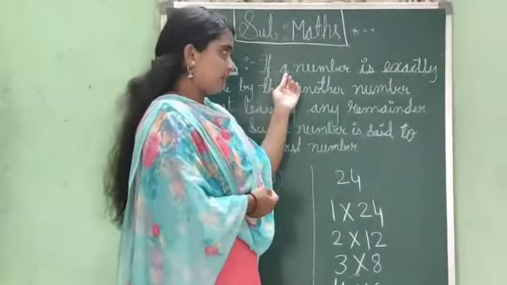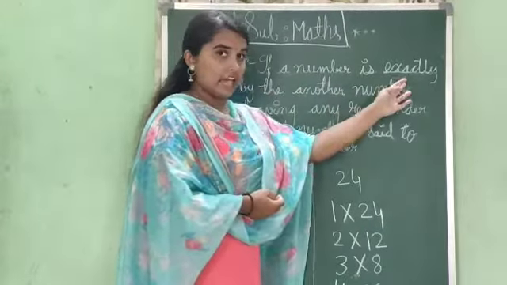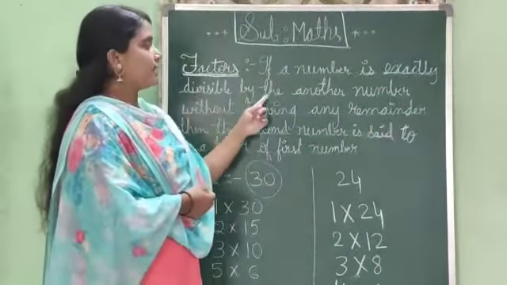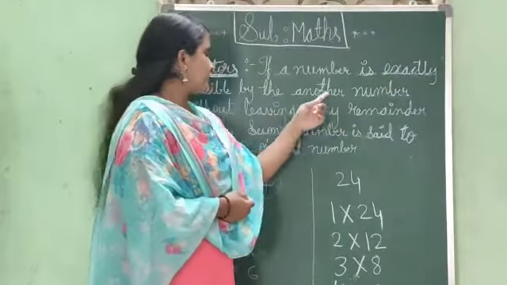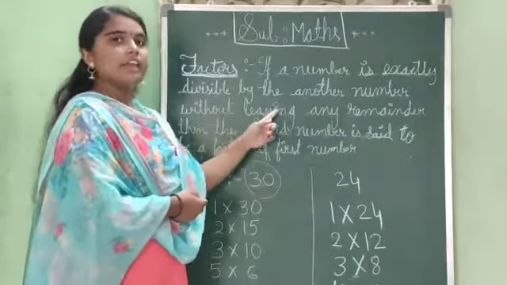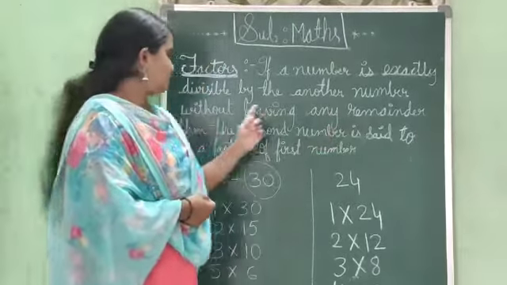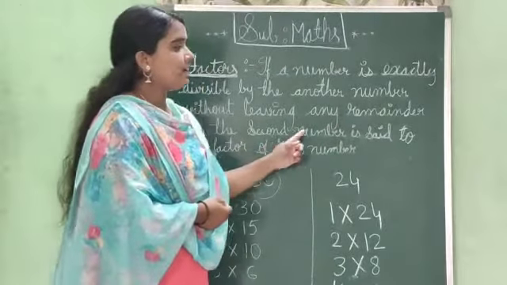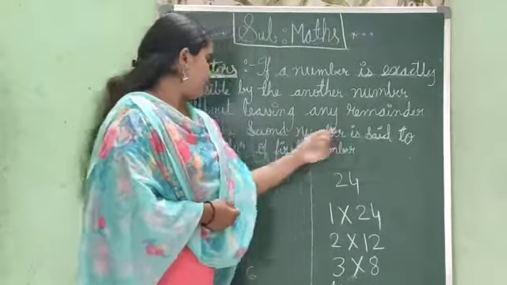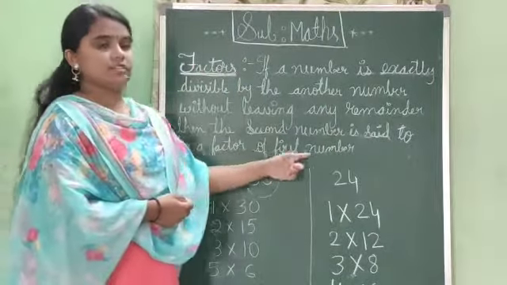If a number is exactly divisible by another number without leaving any remainder, then the second number is said to be a factor of the first number.